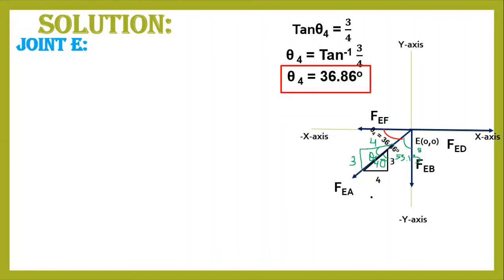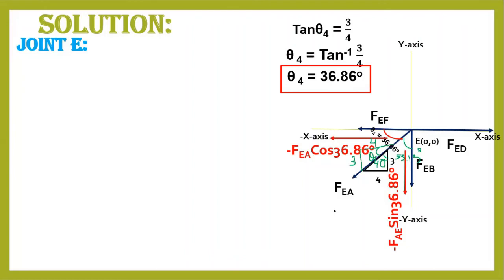So let me rub it. I don't think it should be rubbed. FEA, we have to break it into its components. So FEA cos 36.86 degree, and this is FEA sine 36.86 degree.